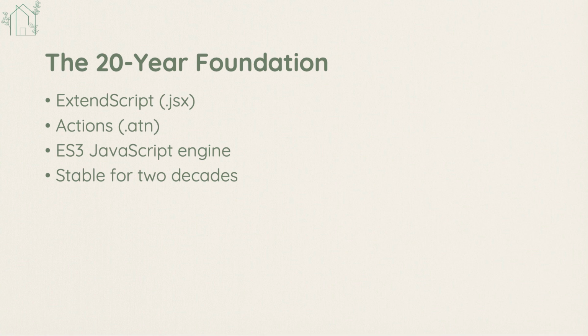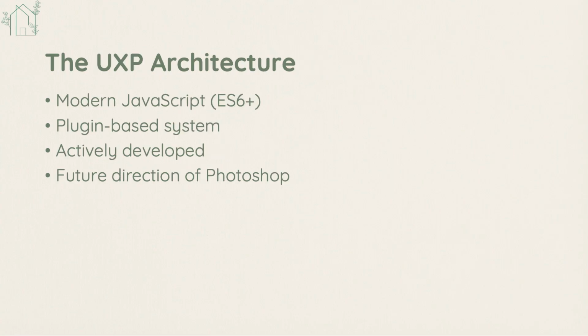Originally released in 1999, ES3 JavaScript remains the core of ExtendScript, and although it has been stable for the last 2 decades, it has since been superseded. Adobe's Unified Extensibility Platform, UXP, is a modern, high-performance architecture replacing the legacy system for building plugins in Creative Cloud applications.